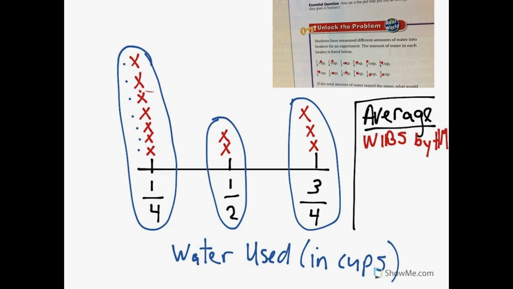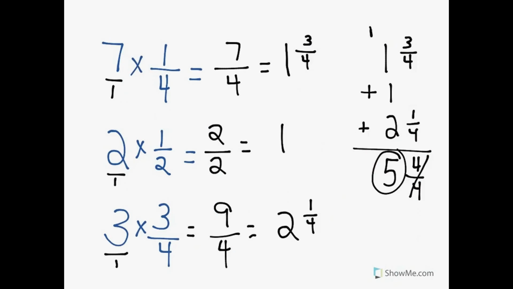So what is being shared is 5 divided by how many? Let's count how many X's altogether. 1, 2, 3, 4, 5, 6, 7, 8, 9, 10, 11, 12. 5 divided by 12. Or we could show it like that. 5/12 cups. That is the whole problem. Because that last step was dividing the sum that we found, and we added everything together over here, by the number of beakers.